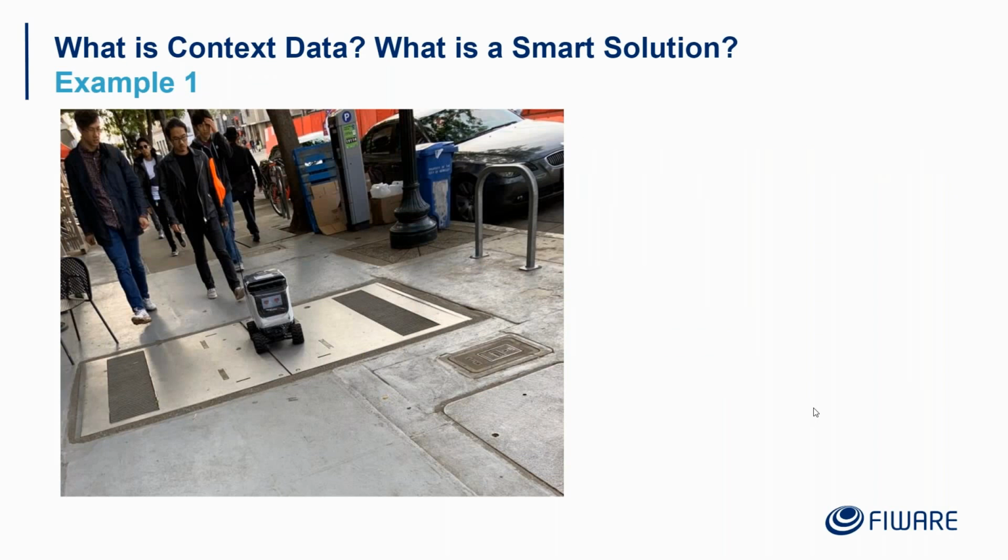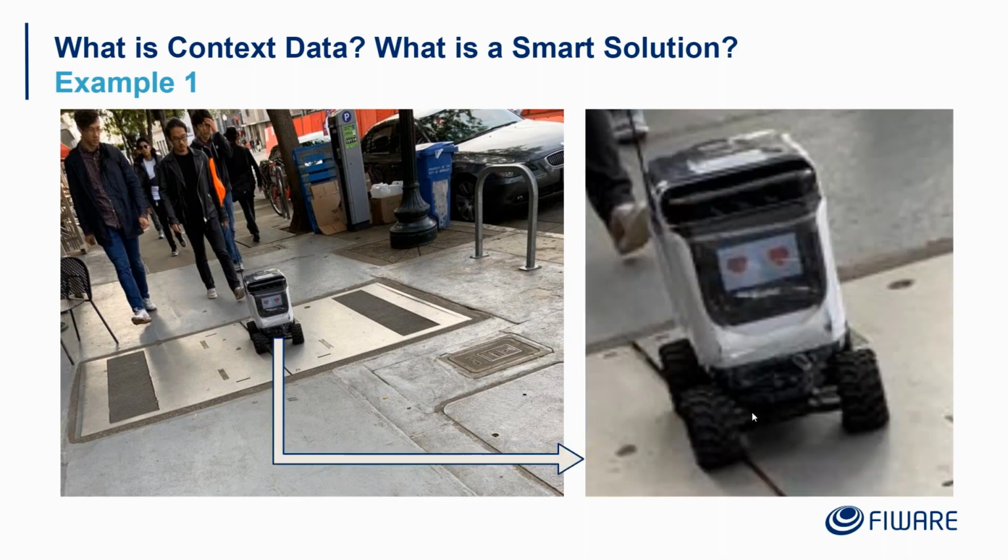Let's move on and connect with the topic of today. What is context data? What is a smart solution? And we will see it in an example where we have a food delivery robot that takes a product delivery from a company and takes it to the requested location.